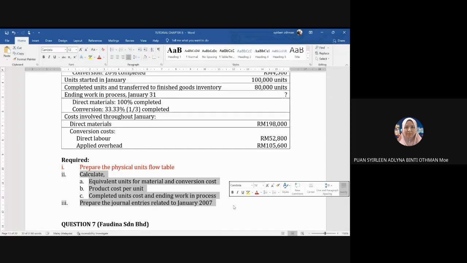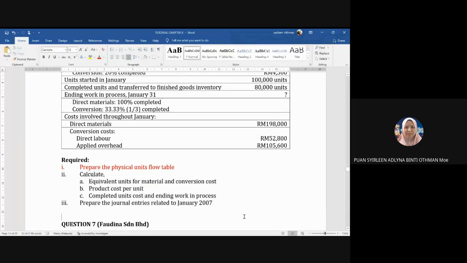Tapi boleh tak saya nak jawab dalam bentuk table? Boleh, tapi make sure it's a partial table. Partial maksudnya part by parts lah. So kalau saya nak calculate equivalent units ni, saya tunjuk parts equivalent unit saja, tapi dia still dalam bentuk table. So I akan letak nombor soalan ni dan saya letak table dia.